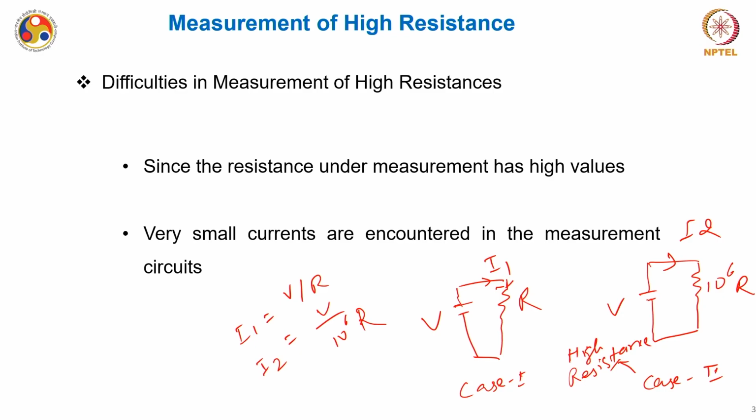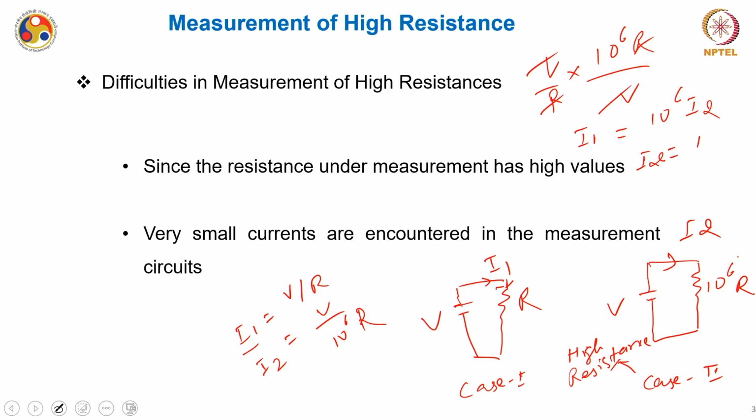Now, if I check the ratio of I1 and I2, it is V by R into 10 power 6 R by V, and if I cancel them, I1 is 10 power 6 times the current I2, or in other words, I2 is I1 divided by 10 power 6.